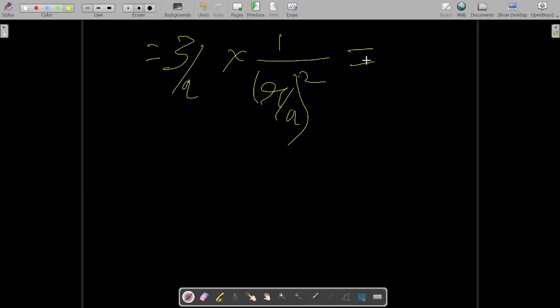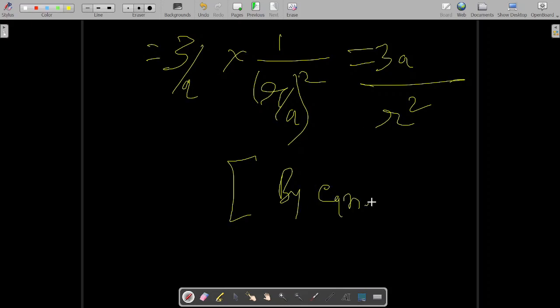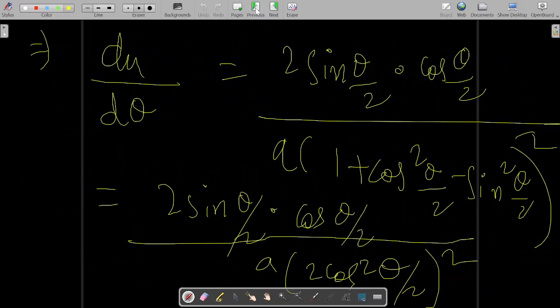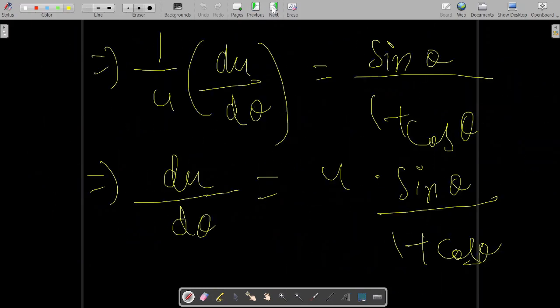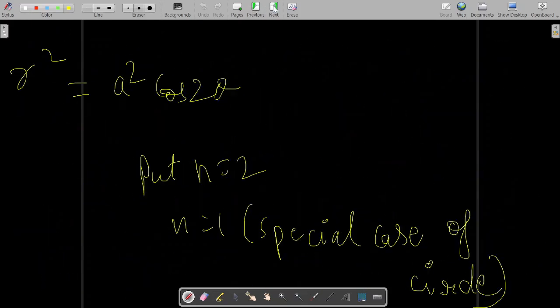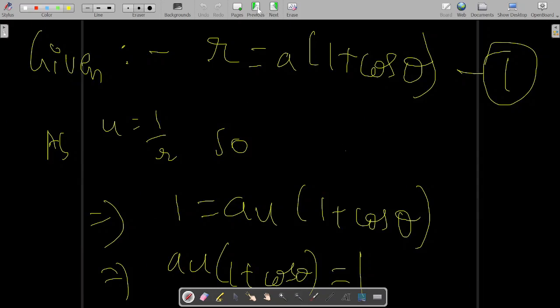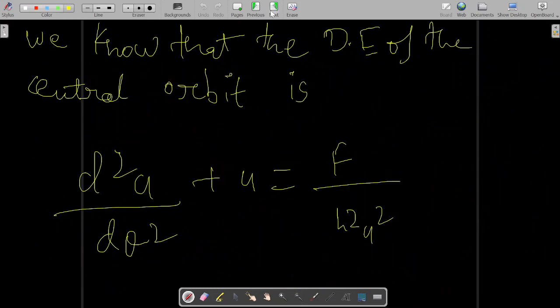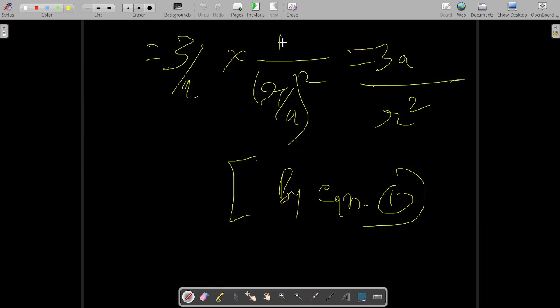Just have a look at the notebook, look at the equation number 1. This is your equation number 1, r equal to a over 1 plus cos theta, so 1 by 1 plus cos theta will be equal to r by a, right? So by equation 1 you got this 3a by r square.